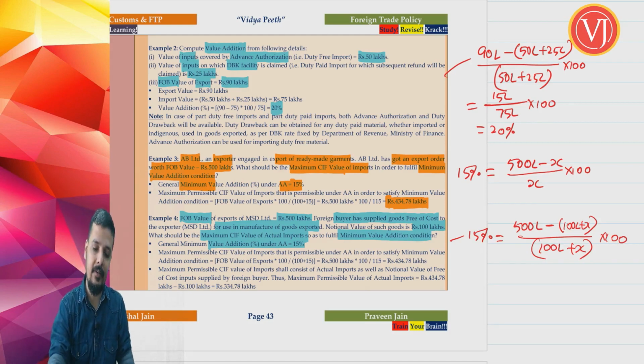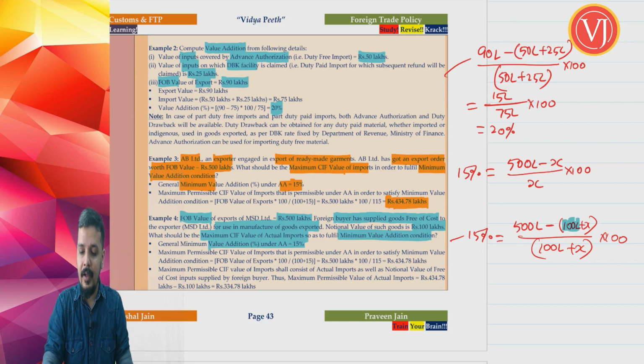Now if you look at this, your import value is not only X, it is 100 plus X. So you have to do this calculation and get the answer. When you do this calculation, you keep this as X and try to find out the answer, and when you keep this as X, minus 100 lakhs.